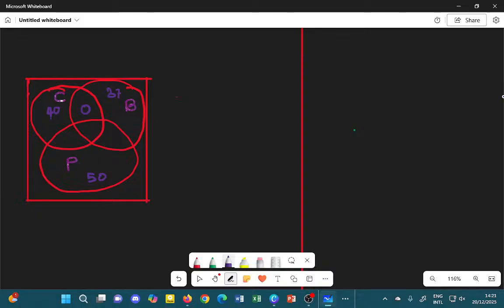And the number that like color and packaging are 19. So you find color and packaging here. So here is 19.